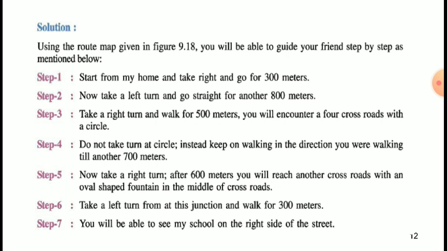Instead, keep on walking in the direction you were walking for another 700 meters. Step number 5, now take a right turn and after 600 meters you will reach another crossroad with an oval shape and a fountain in the middle of the crossroad.